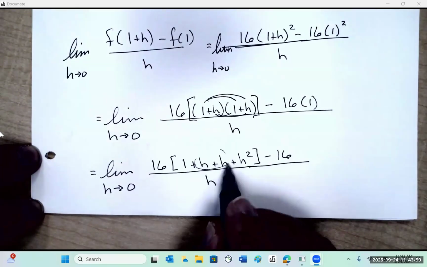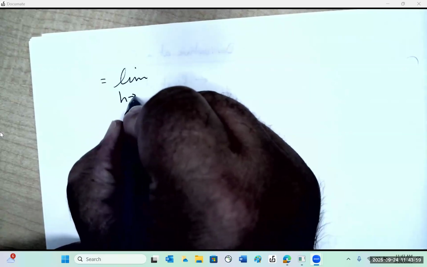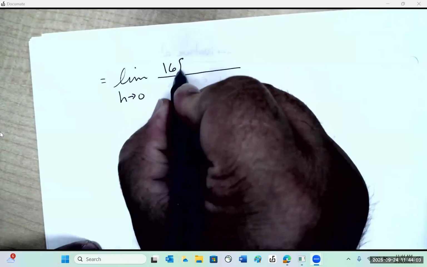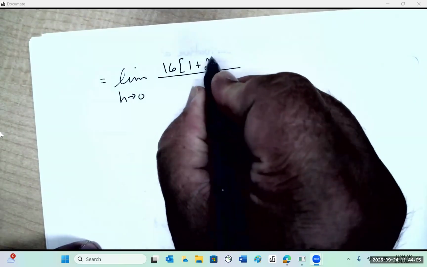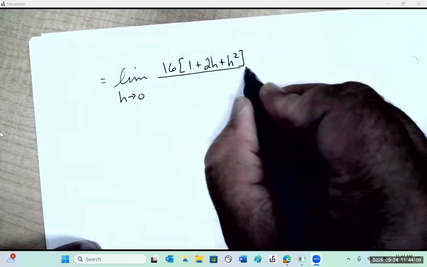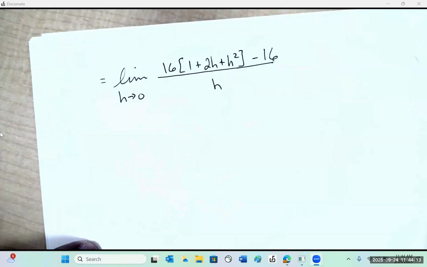We can combine like terms, so we have the limit as h approaches 0 of 16(1 plus 2h plus h squared) minus 16 over h.